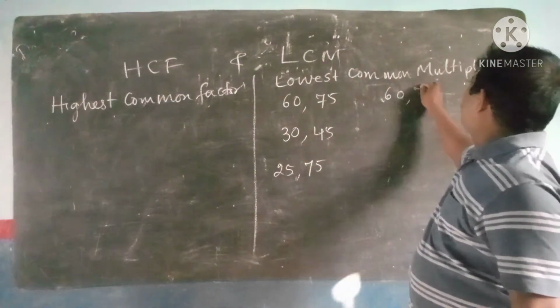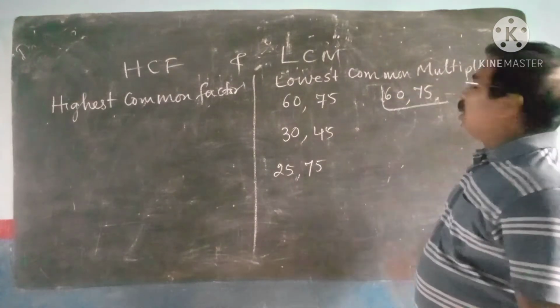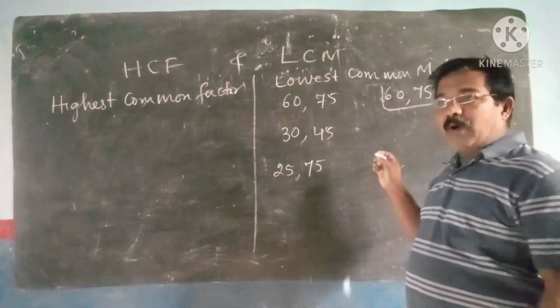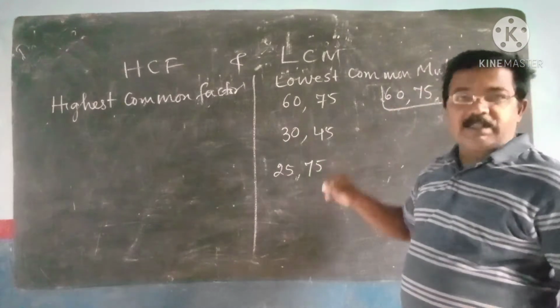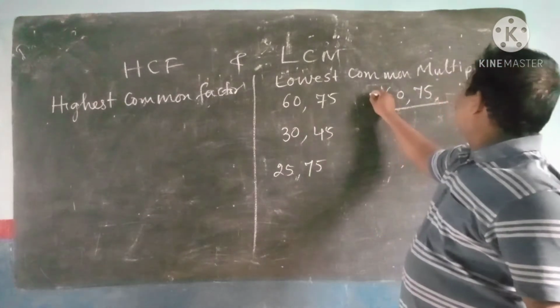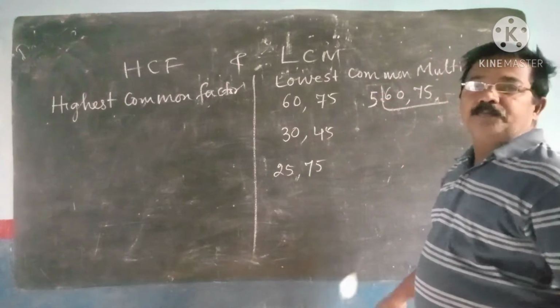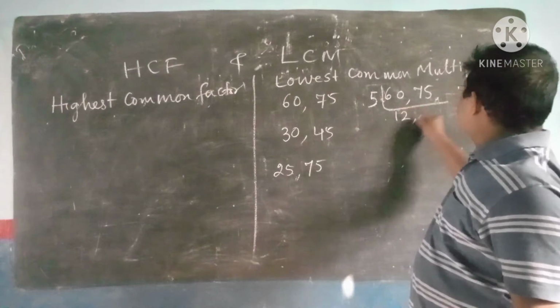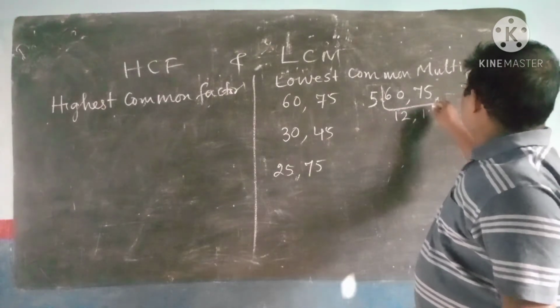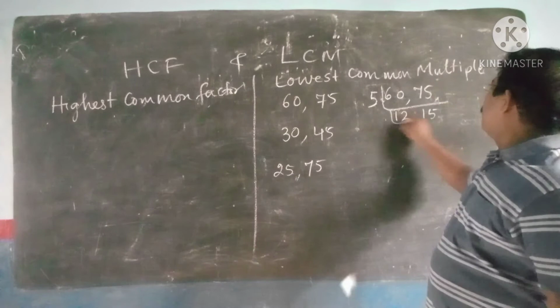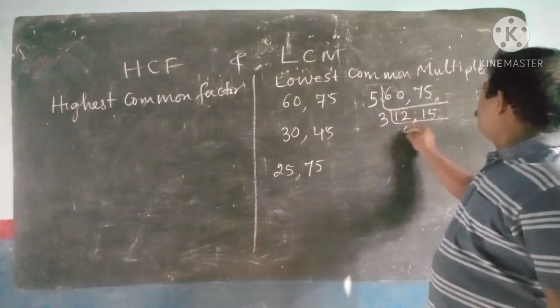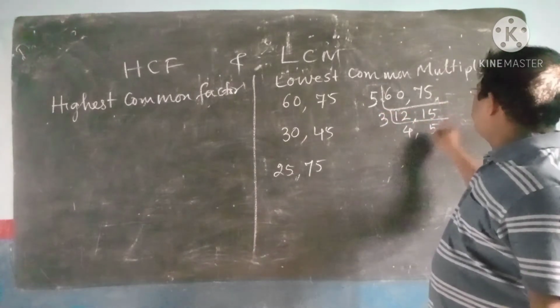For prime factors, we write them like this, and we divide both numbers by the same number. For example, by 5: 12, 15, again by 3: 4, 5.